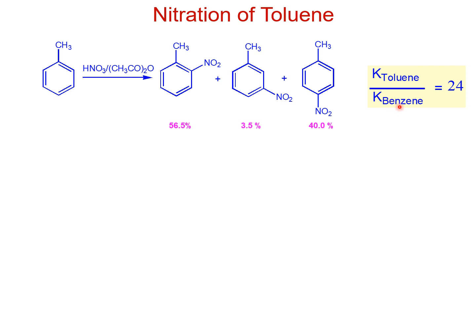The rate ratio of toluene relative to benzene is found to be 24. That means toluene reacts 24 times faster than benzene.